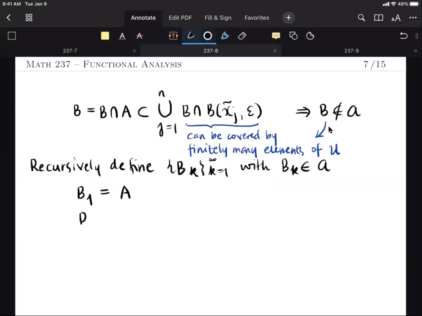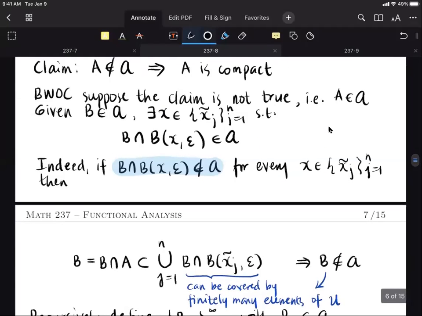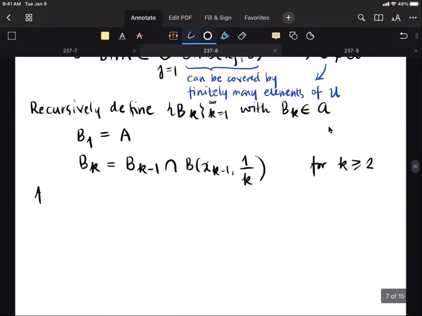Now, for k greater than or equal to 2, we define B sub k to be the previous set, then you intersect this with the ball centered at x_{k-1} with radius 1 over k. So in particular, here you take epsilon to be 1 over k, and this x_{k-1} must be in the sequence of centers.